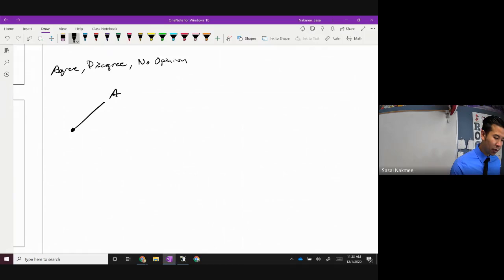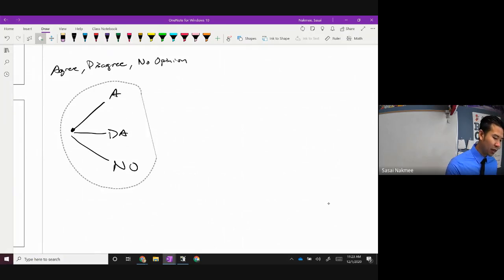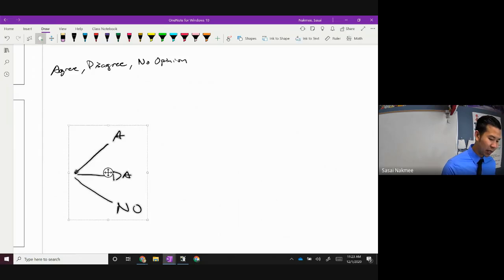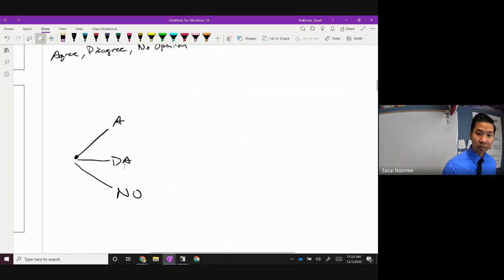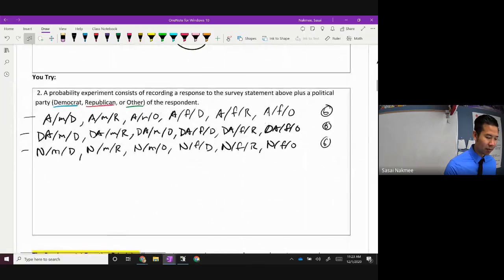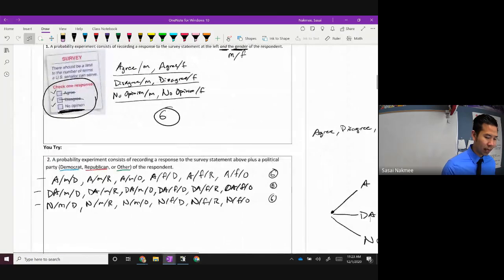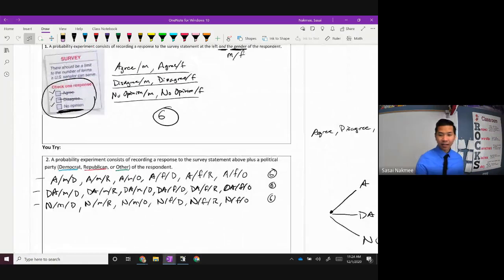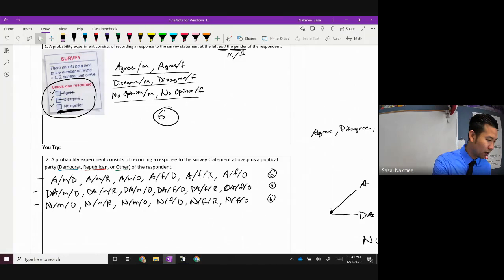They can either agree with it, disagree with it, or have no opinion on it. And from there, I don't know if this looks familiar or not for you guys, you could branch it out some more. Oh, let me go back. Okay, I'll show this one in a second. Like that. There we go. So get that down real quick, and then I want to show you this tree branching example in a second. Let me know when you got it.